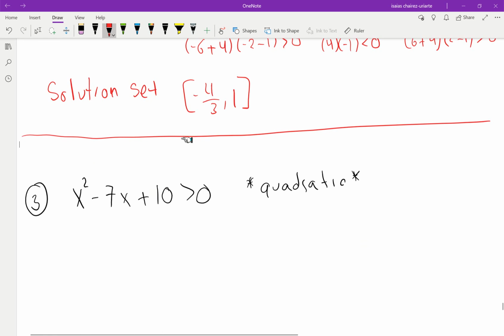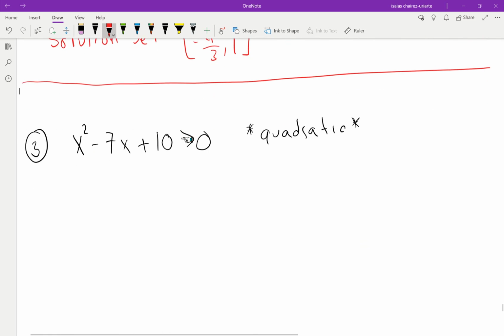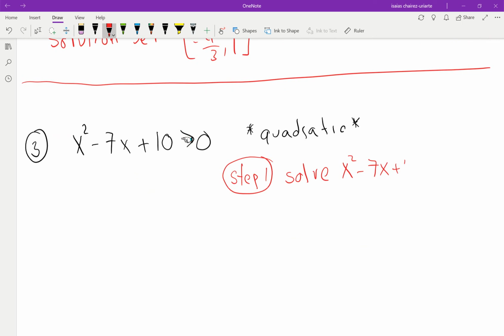So pretty much all I have to start doing here is going through my steps of solving polynomial inequalities. So I'm going to say step 1, I'm going to solve the corresponding polynomial equation. x squared minus 7x plus 10 equals 0.